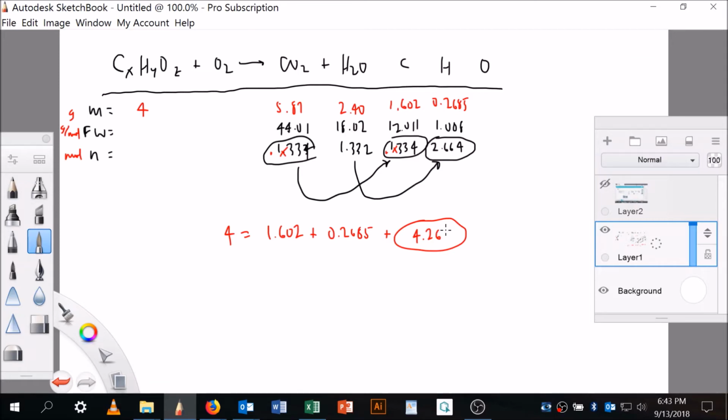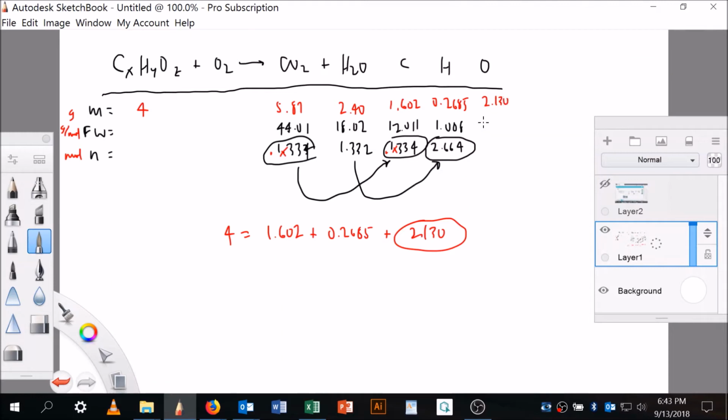Can't be more than 4, right? Man, I'm just having some trouble here. Okay, let's start over again. 4 minus 1.602 minus 0.2685 equals 2.130.